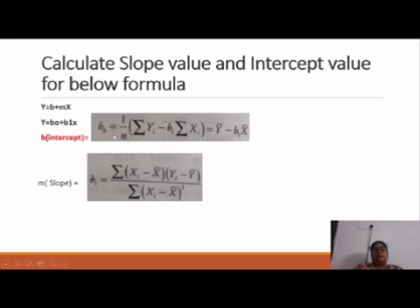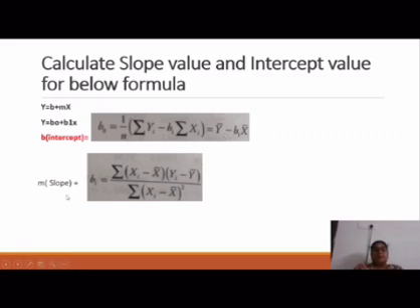Okay, so b0 equal to b intercept. The formula y equal to mx plus b, that b, this is the formula for the intercept. So if you want to calculate this, you need to know the values of yi, xi. Okay, y bar, x bar values we need to know.